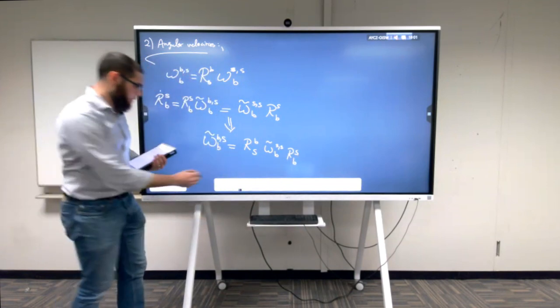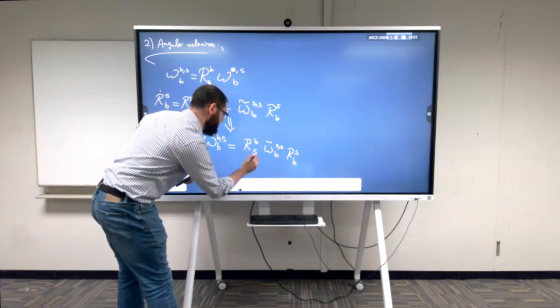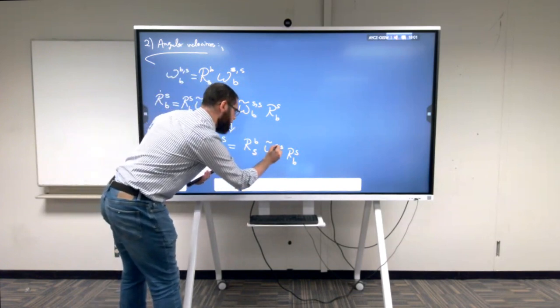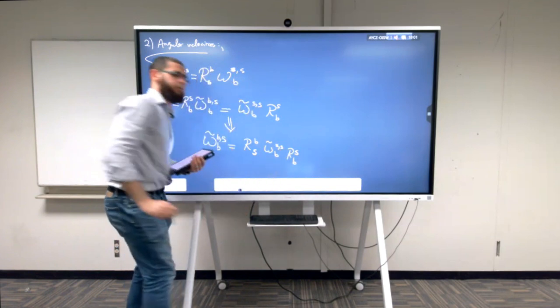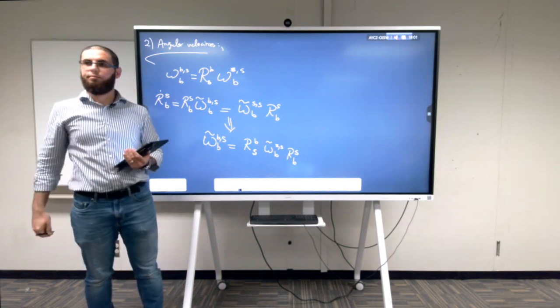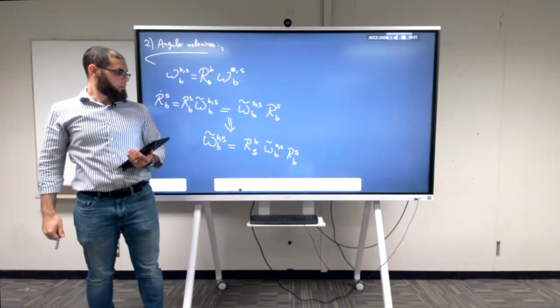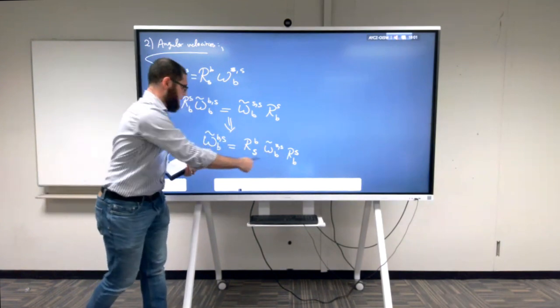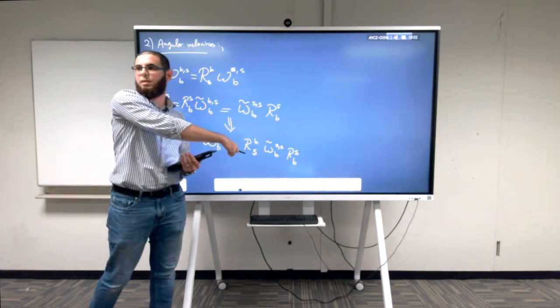And you see what will happen here is that these three indices are connected to each other, so they have to be the same. Now, this is written in a 3 by 3 matrix form, a skew-symmetric matrix.